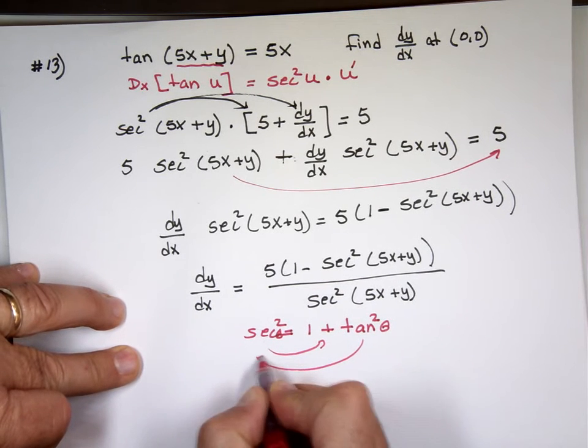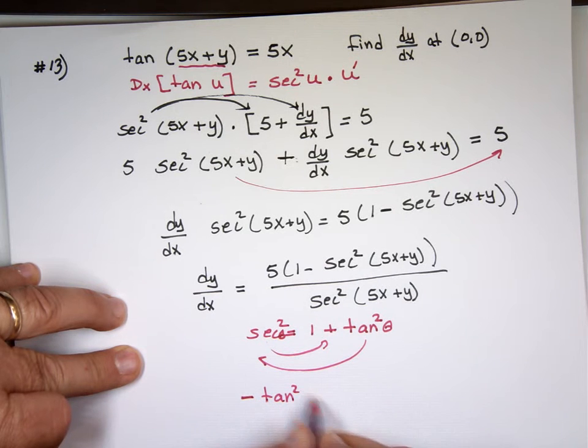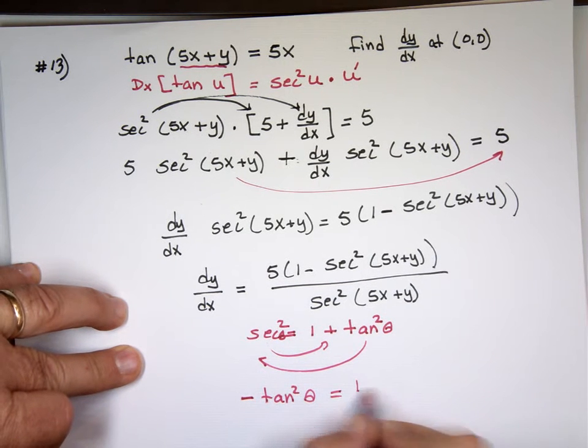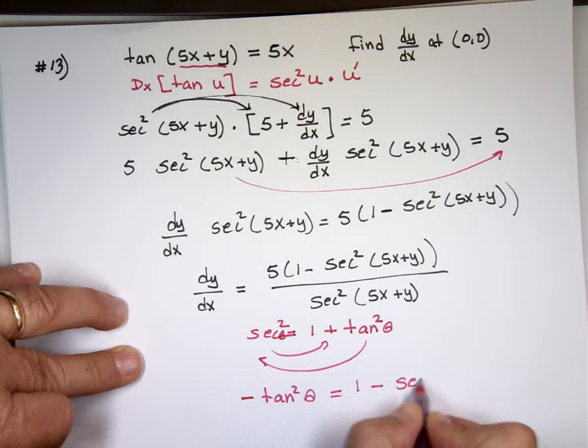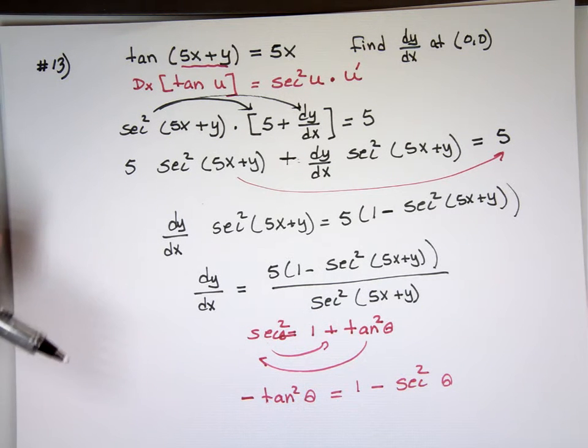I'll have negative tangent squared theta equals 1 minus secant squared theta. Everyone see that? I just played with algebra.